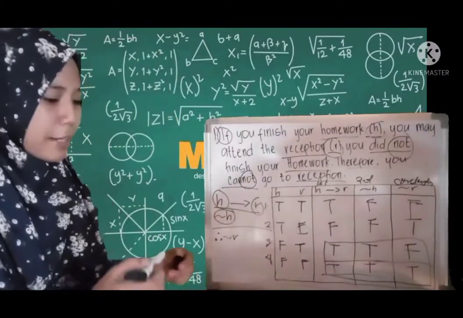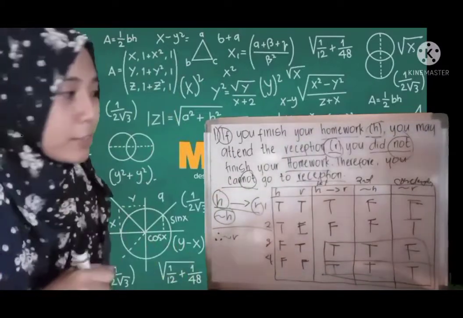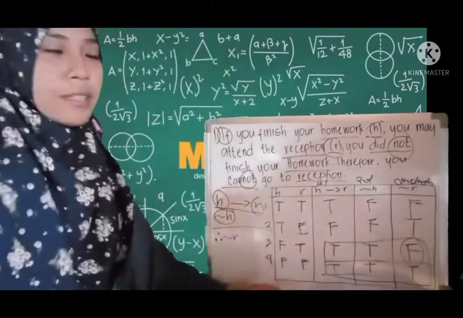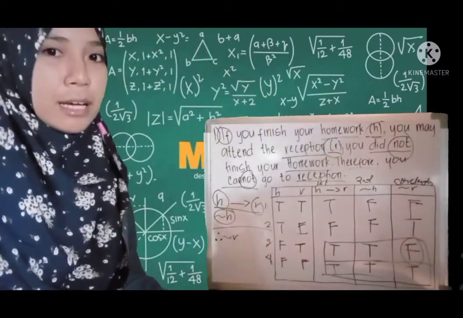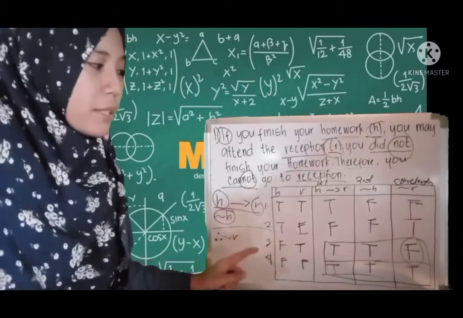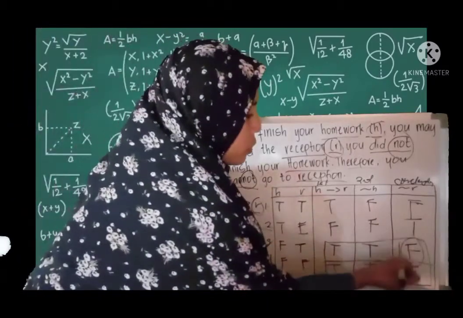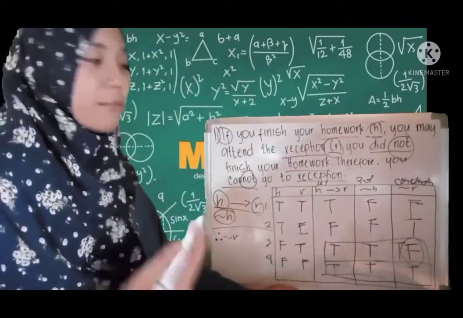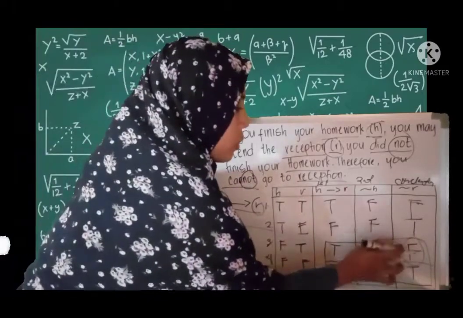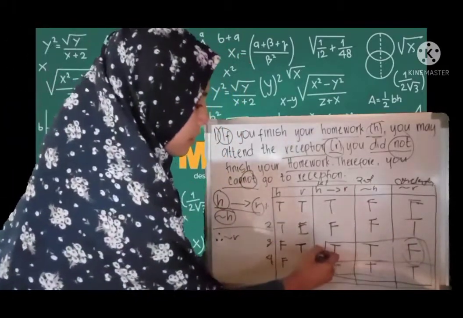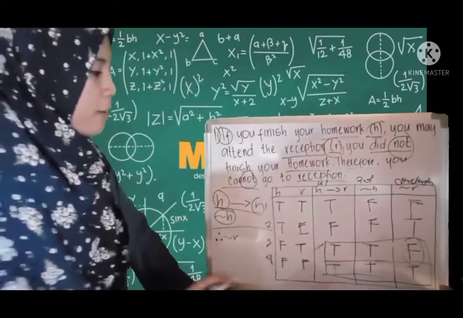So, paano natin yan ma-identify na valid yan or invalid? So, dahil may false dito, hindi yan ma-identify na valid. Kasi, dalawang column yung binabasehan natin. Kailangan, true ang nakalagay dyan para ma-identify natin na ito ay valid. So, since ito ay false ang nakalagay, hindi yan siya valid.